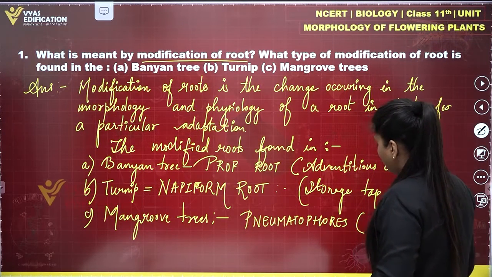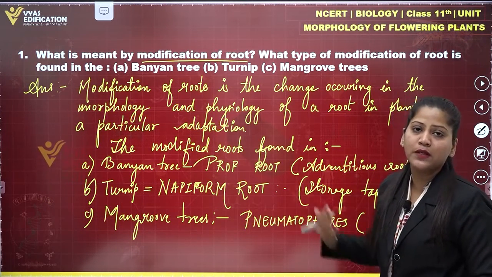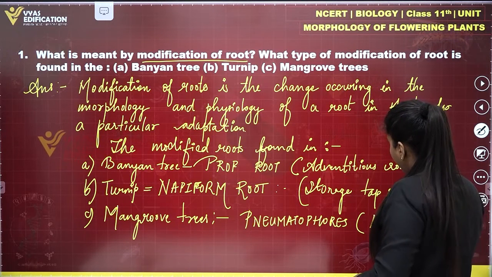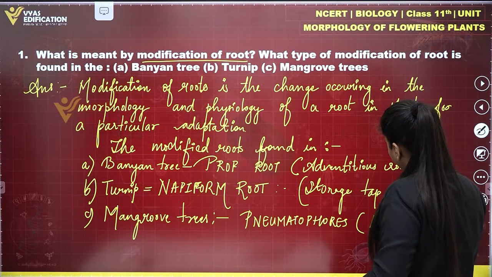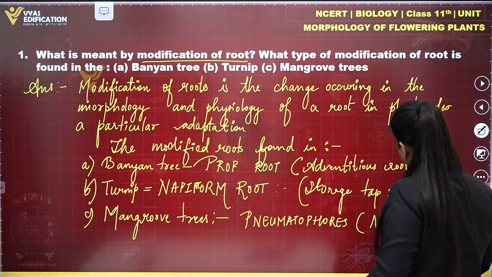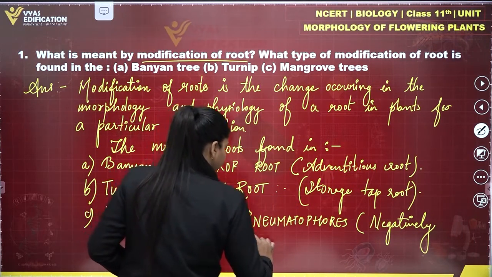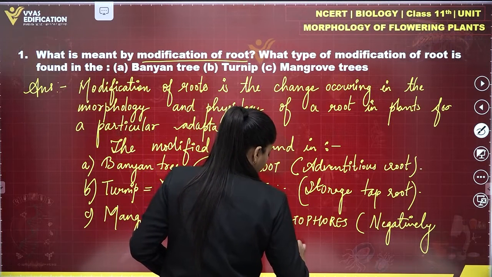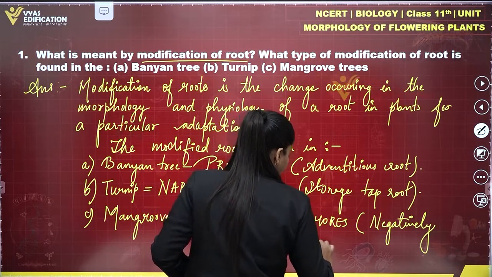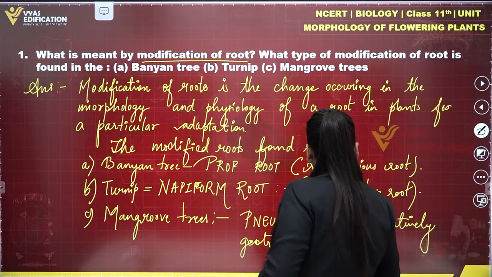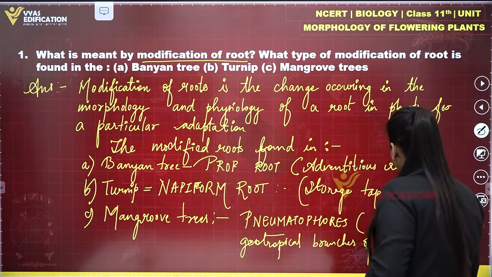These pneumatophores, which are the modified roots found in the mangrove trees, are negatively geotropic branches of taproot.